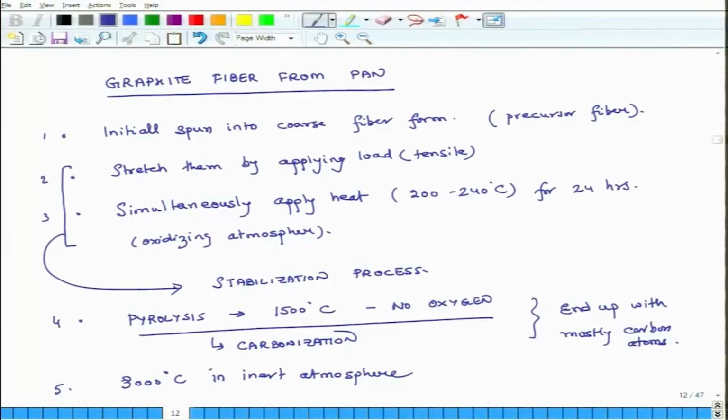Okay. And as a consequence you get graphite. So, the carbon then gets transformed into graphite. So, the carbon is graphitized. These fibers get graphitized.